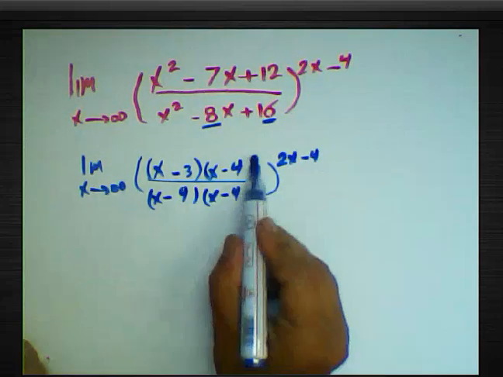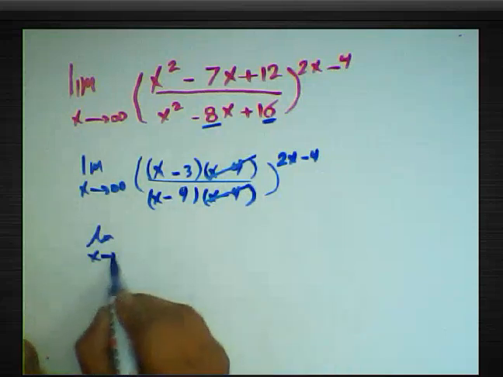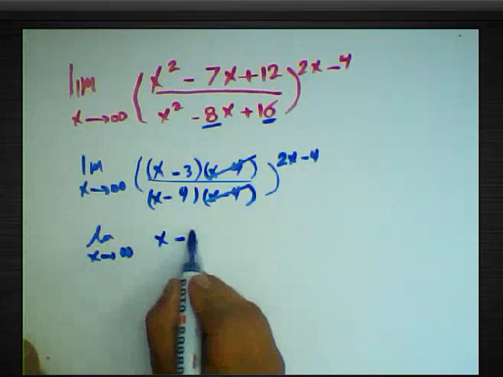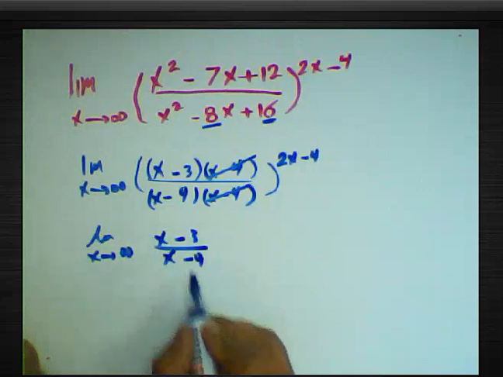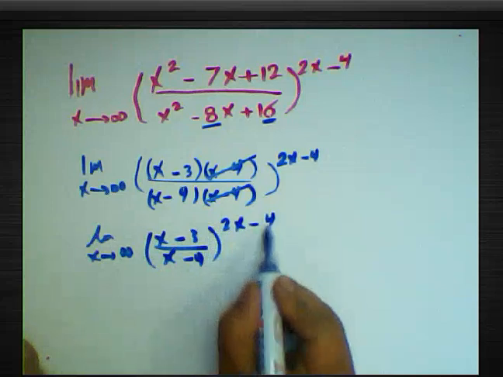You can cancel this expression by this expression here, so the result will be limit when x approaches infinity of ((x − 3)/(x − 4))^(2x − 4).